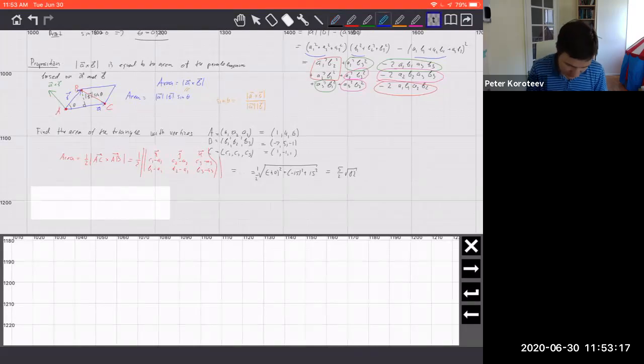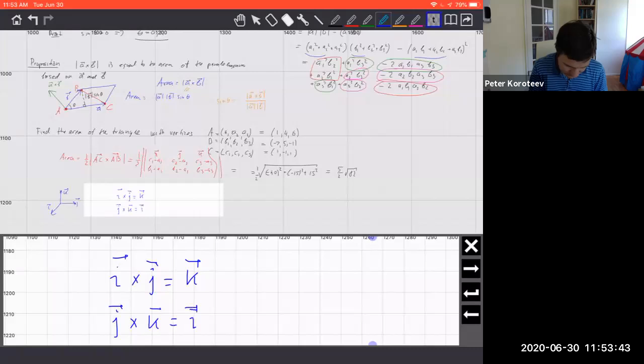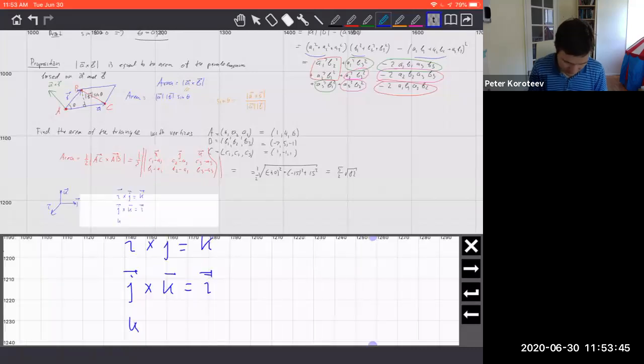We started talking about the coordinate vectors I, J, K. We have found that I cross J is equal to K. And then you can also show that if you do it in a circle, J cross K is equal to I, and also K cross I will equal J. You can prove it by applying the right-hand rule.